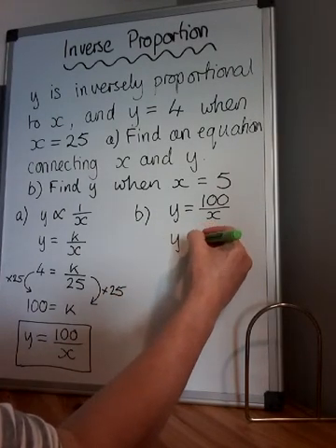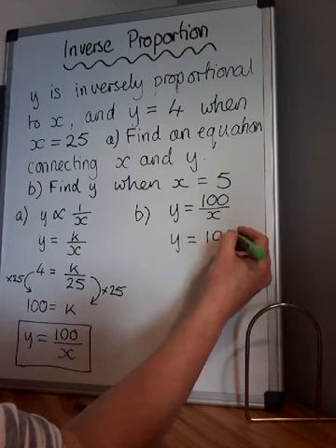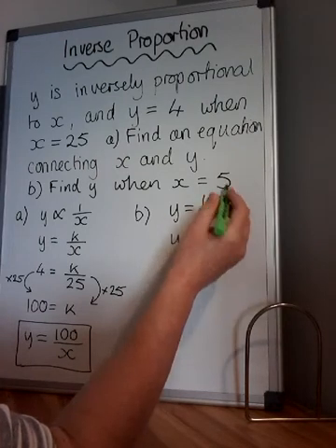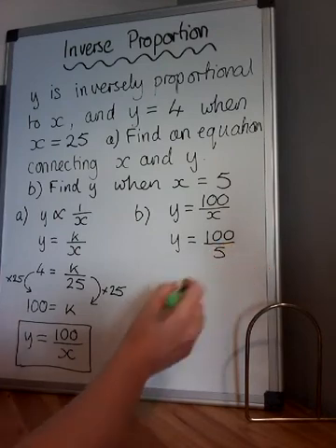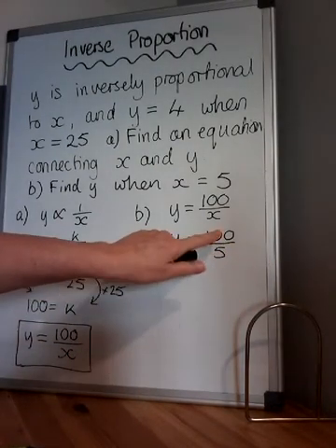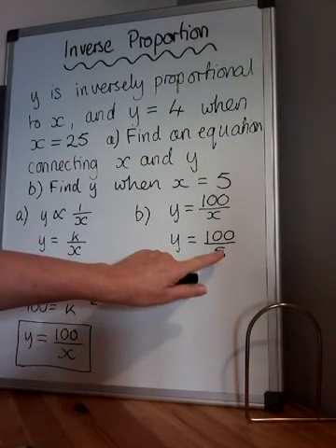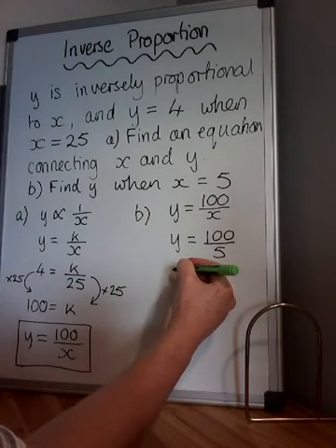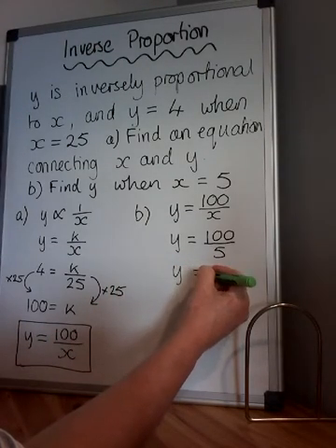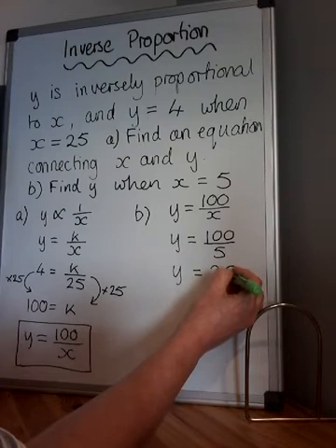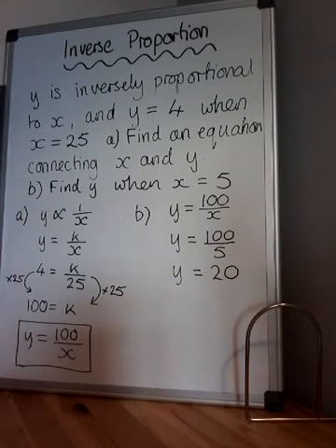Substitute in the 5. So that's 100 over 5. Now 100 over 5 means 100 divided by 5. 100 divided by 5 is 20. So y is equal to 20. Okay?